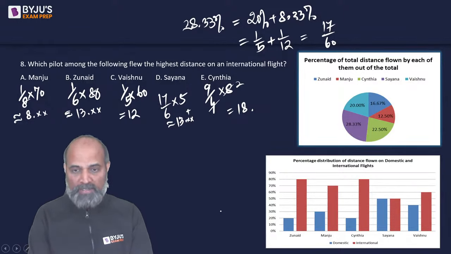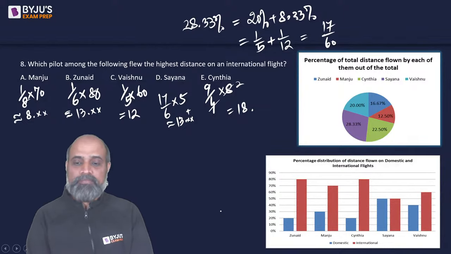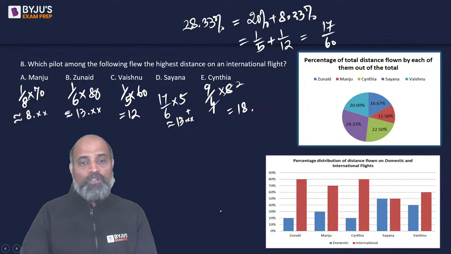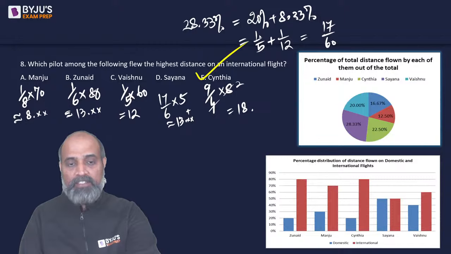That's what we have. 9/40 is Cynthia's, right? Double of 40 is 80, double of 9 is 18, then 0.5, right? So what we see is the highest was flown by Cynthia, option A.